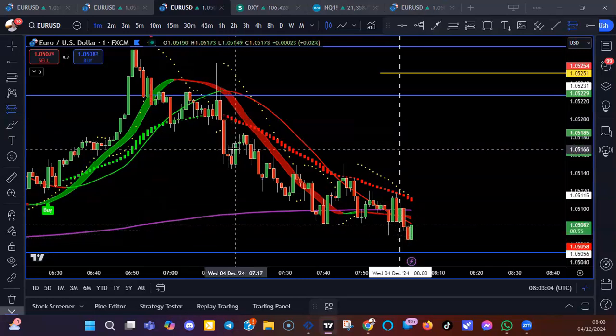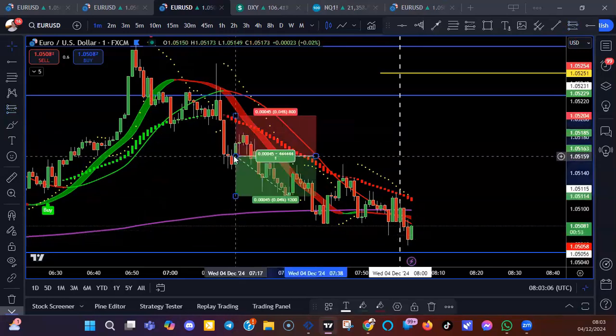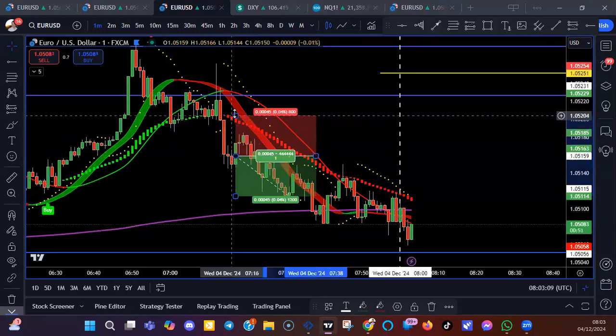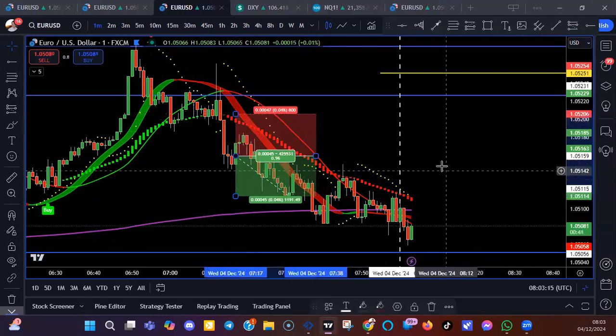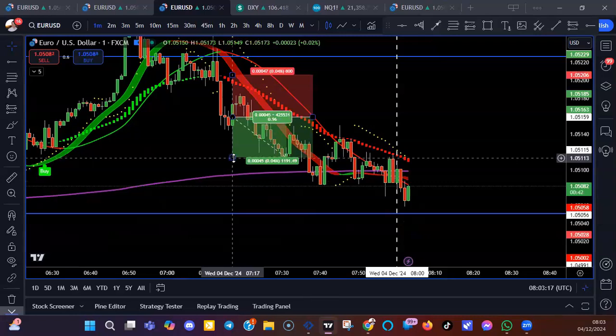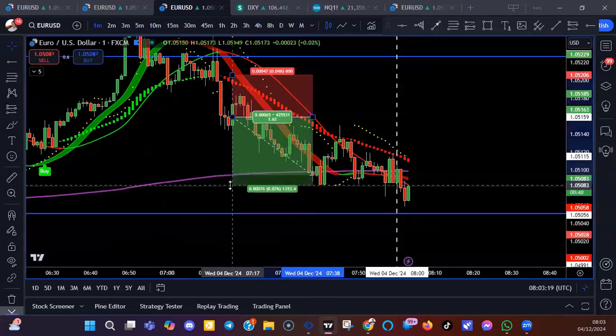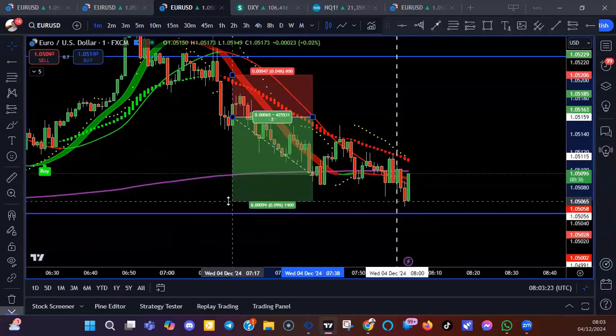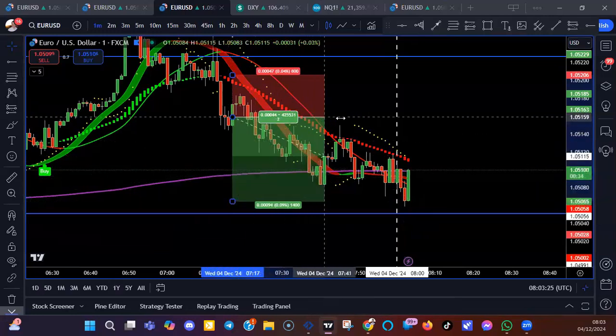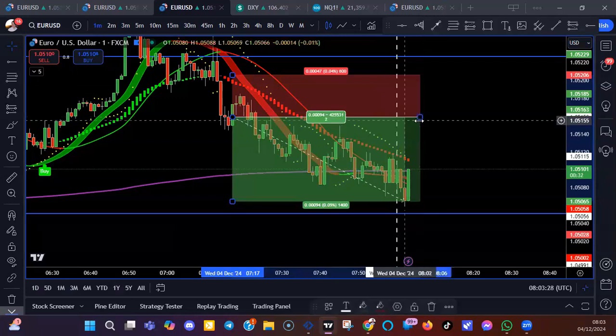Wave's already gone red, so you possibly getting down here, which would give you quite a big stop loss. 4.7. So actually hasn't worked yet. But your 2-to-1 would be down there. And actually, yeah, just about, just.